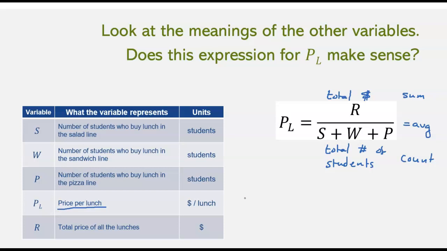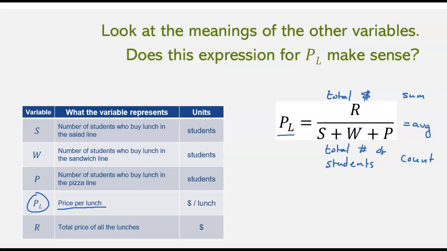Average price per lunch. So we have the total price, the number of lunches, and the price per lunch will be P of L. That's what we're measuring. So yes, those units totally make sense. We just rearranged the equation so that one variable is isolated instead of another one.